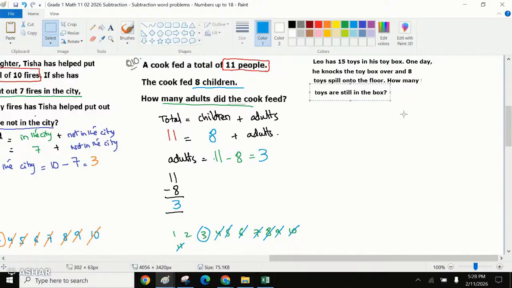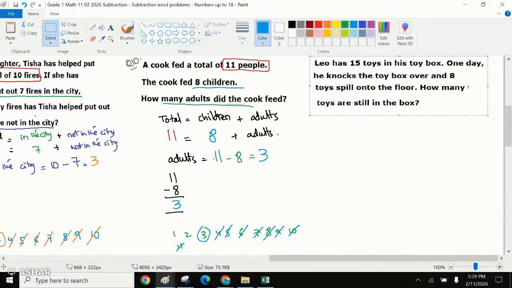One day he knocks the box over. When he knocks the box over, some of the toys fell out. Okay? We can say some of the toys fell out, right?